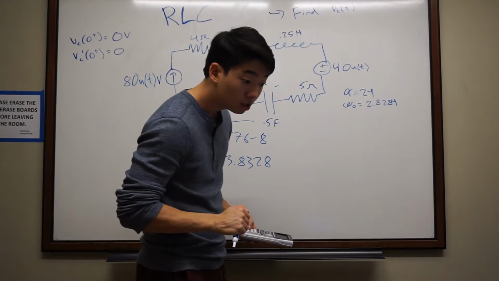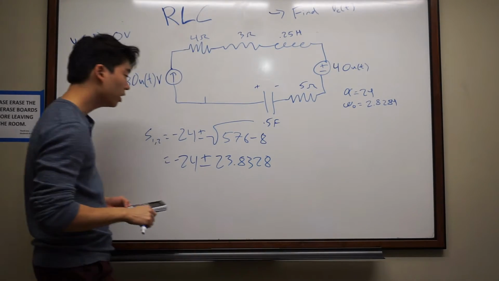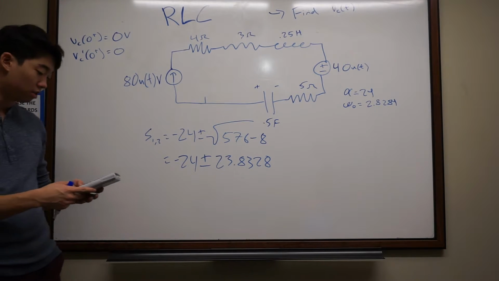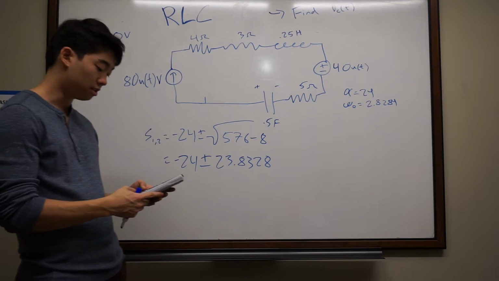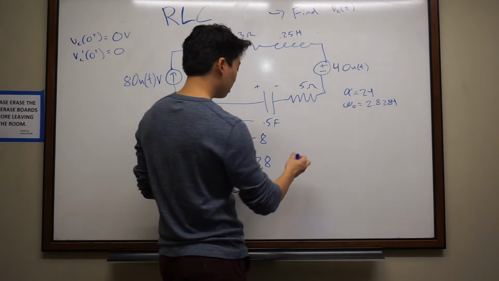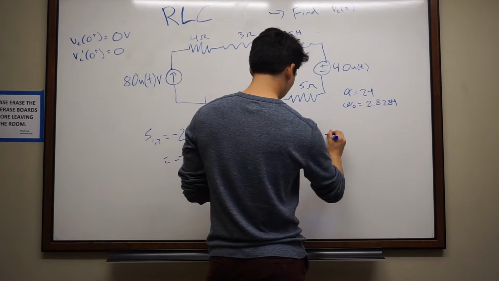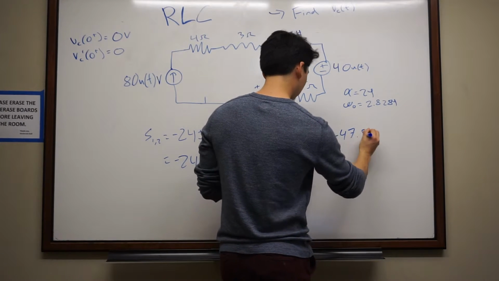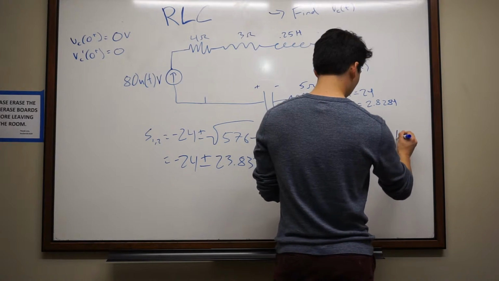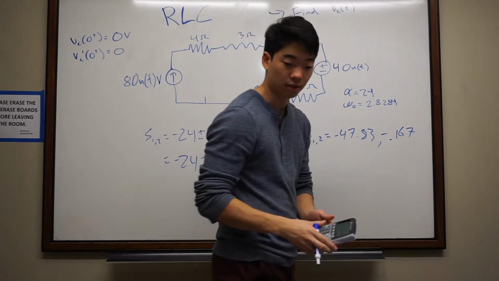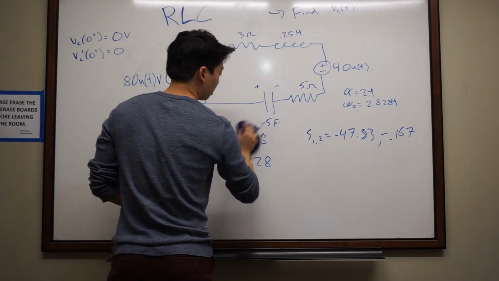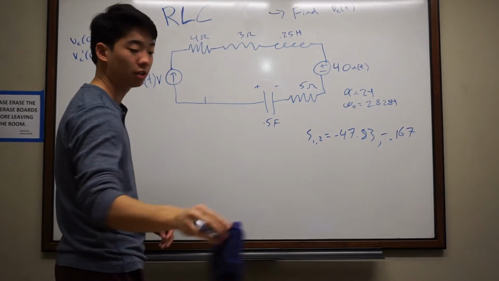Okay, so when we do that, we find that S1 and S2 are negative 24 plus that and negative 24 minus that. So we have S1,2 equal to negative 47.83 and negative 0.167.